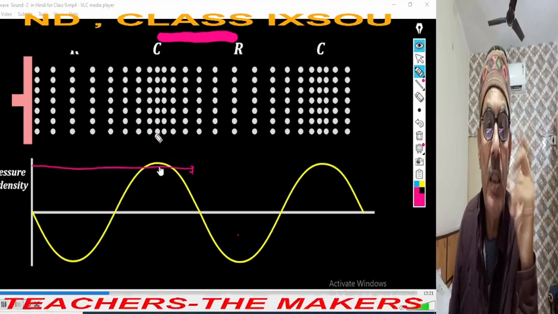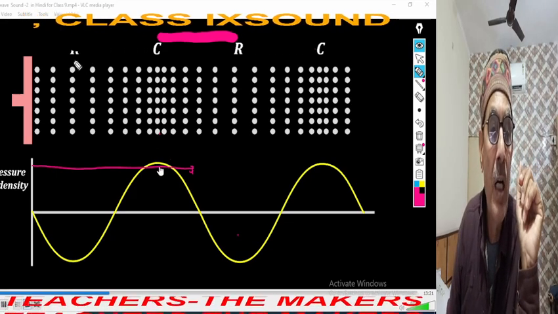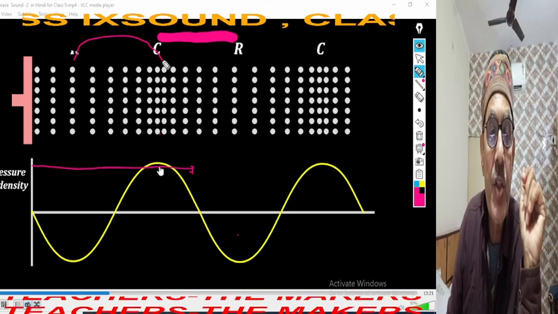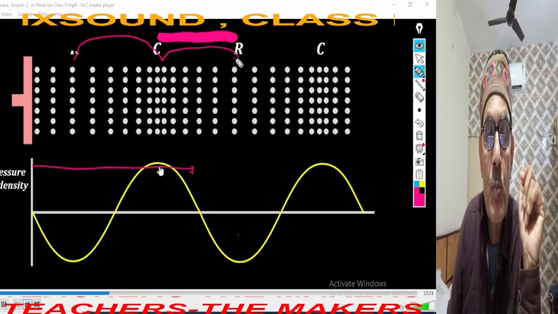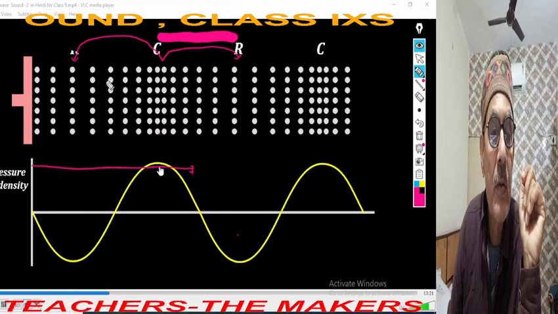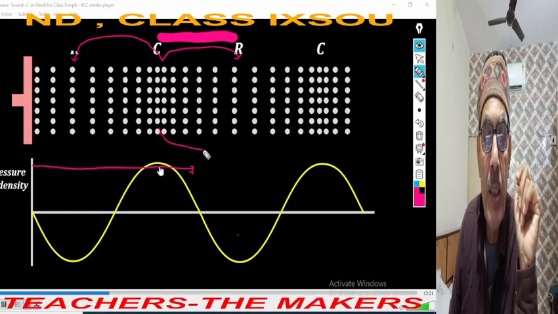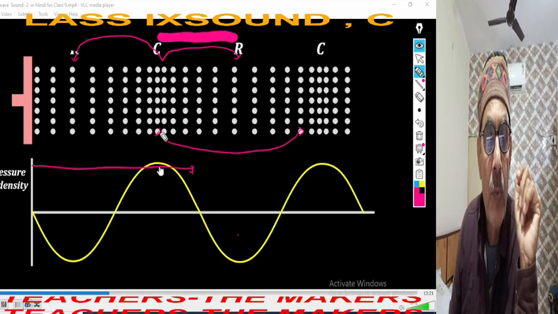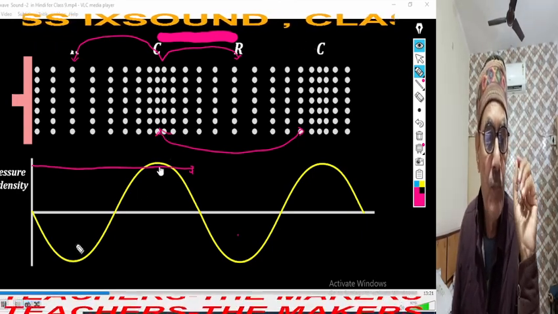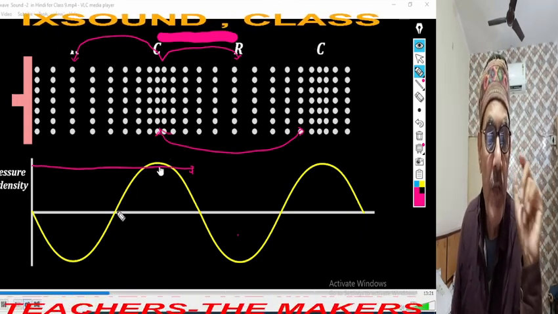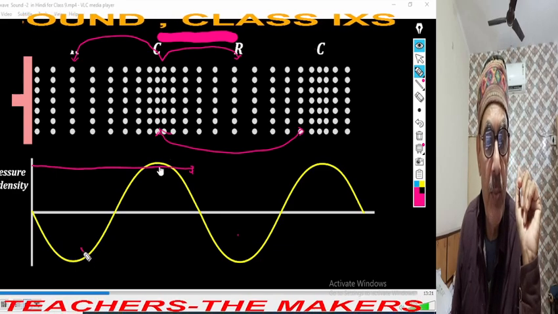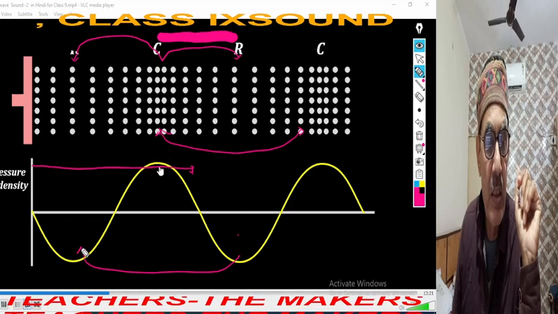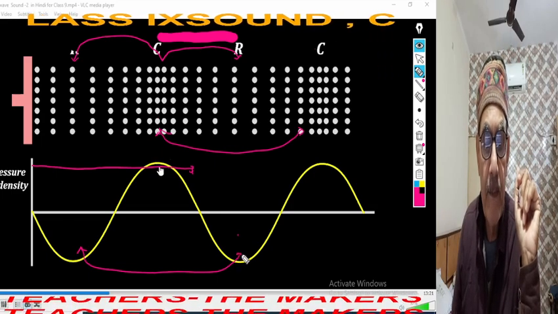Or we can say the distance between two rarefactions is called wavelength. Or the distance between two compressions is also called the wavelength. Or the distance between two troughs is also called wavelength.